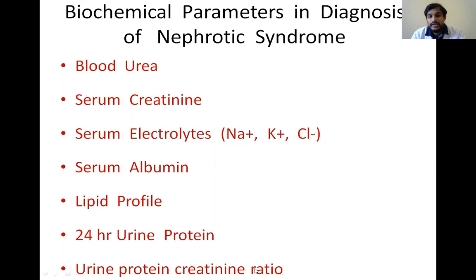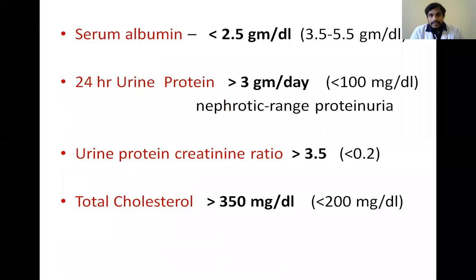And we'll measure the urine protein creatinine ratio to check the excretion of protein. So serum albumin, if it is less than 2.5 grams per deciliter, we can suspect nephrotic syndrome. And 24 hours urine protein, which is very important, if it is more than 3 or 3.5 grams per day, that is, if it is in nephrotic range, then we can suspect nephrotic syndrome.